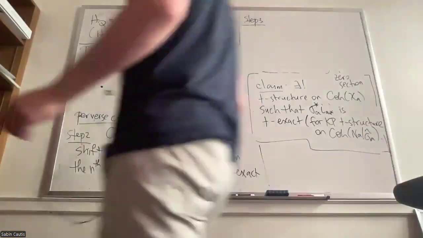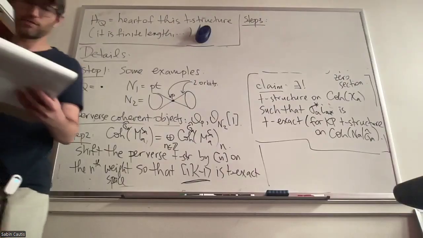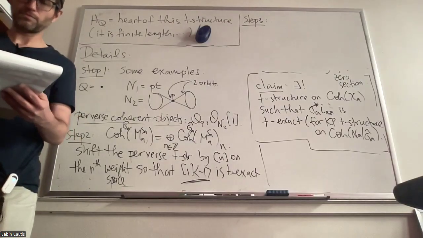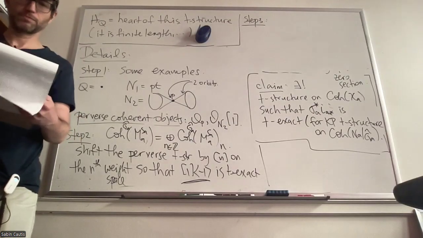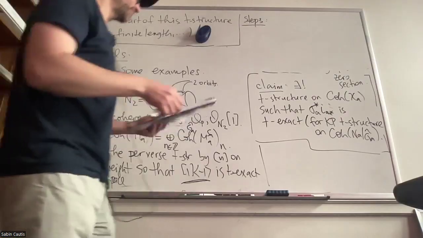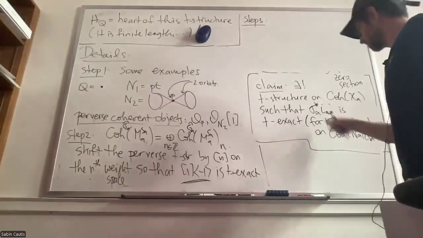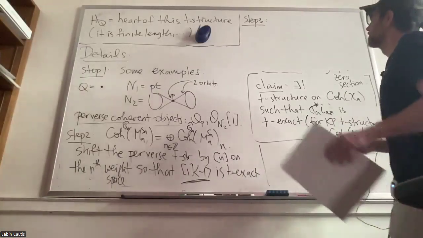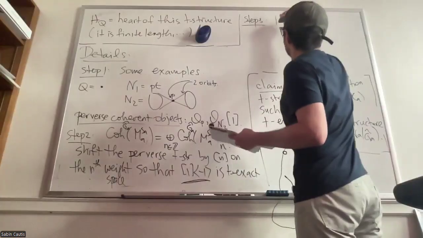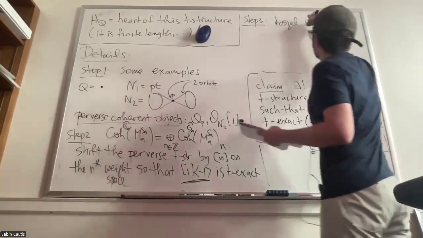Anything else to say? Okay, so for the first step, I'm going to try to explain the general theory that allows you to get this claim, which I'll call causal T structures.